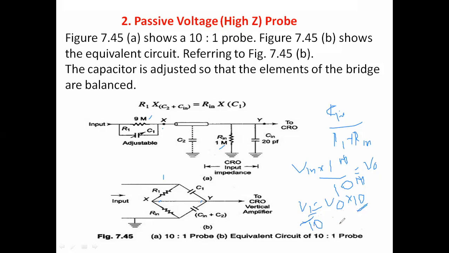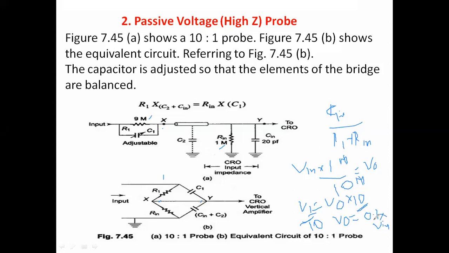So V naught is equal to 0.1 into Vi. Our output V naught is equal to 0.1 into Vi, so some fraction of the voltage is considered as the output.